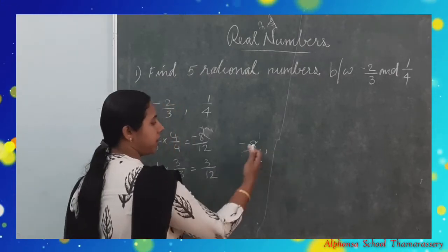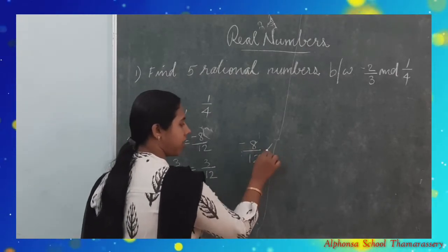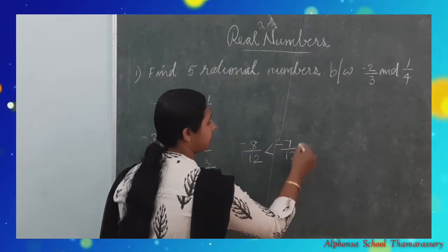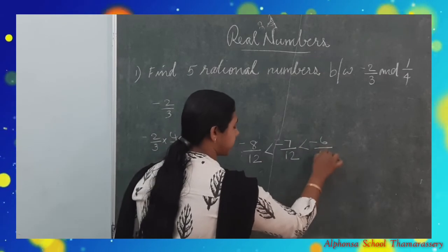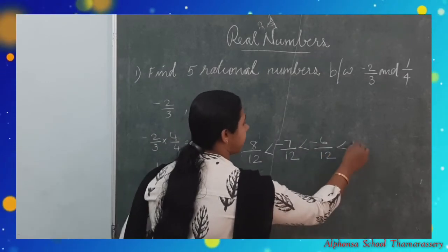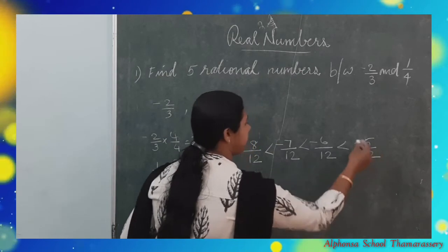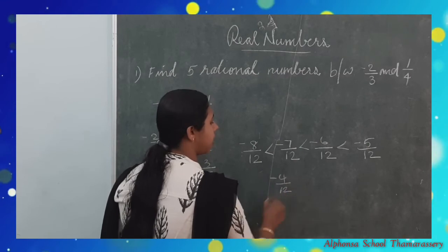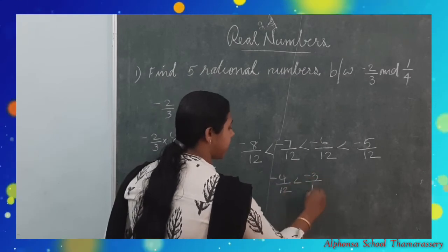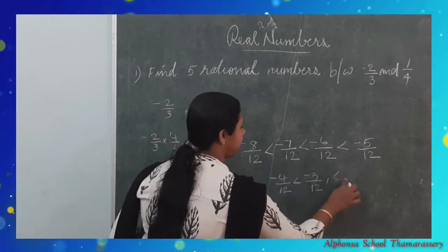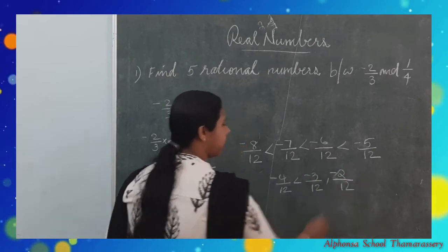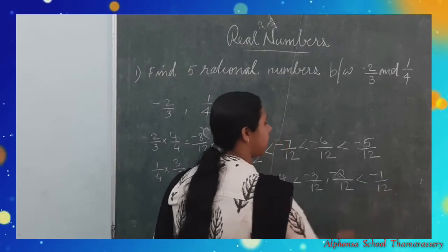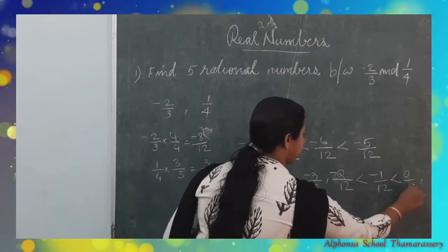Minus 8 by 12 is smaller than minus 7 by 12, smaller than minus 6 by 12, smaller than minus 5 by 12, smaller than minus 4 by 12, smaller than minus 3 by 12, smaller than minus 2 by 12, smaller than minus 1 by 12, smaller than 0 by 12.